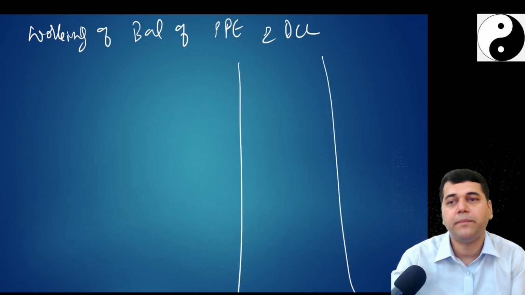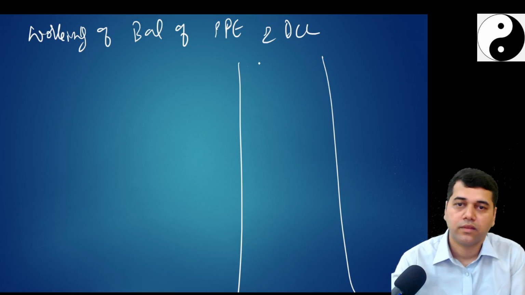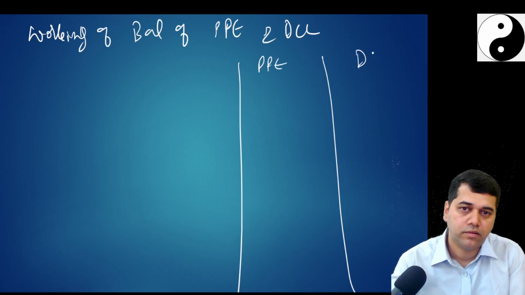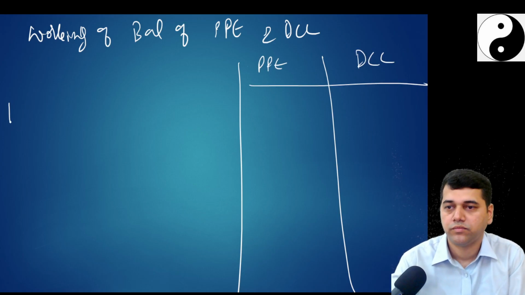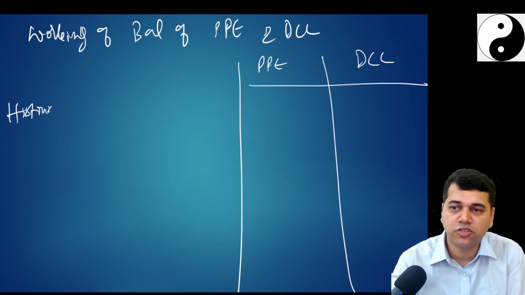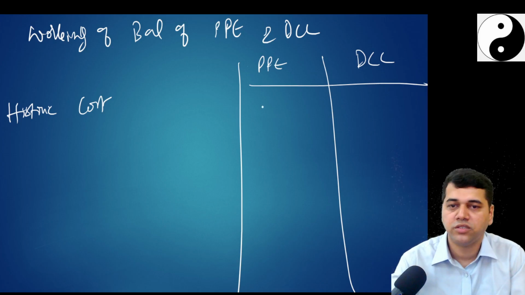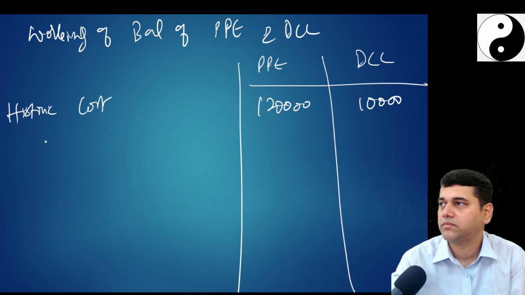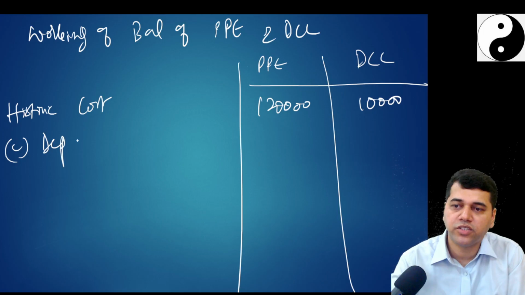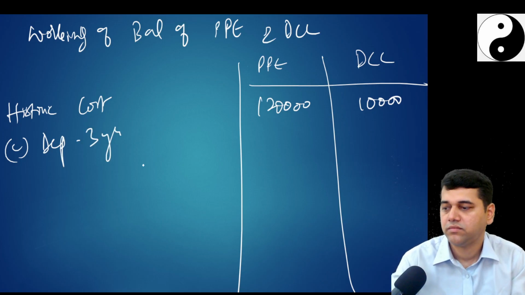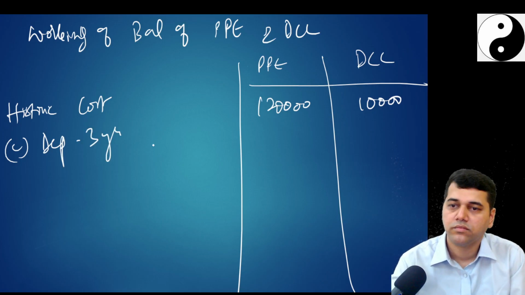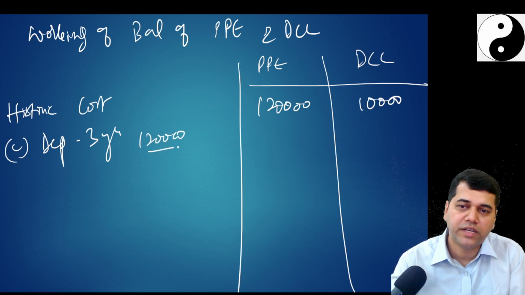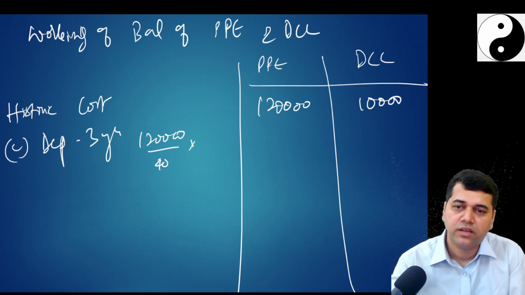So we'll have the balances first. I start with the historic cost. How much? Same 1,20,000, 10,000. What is my depreciation for 3 years? 1,20,000 by 40 into 3.